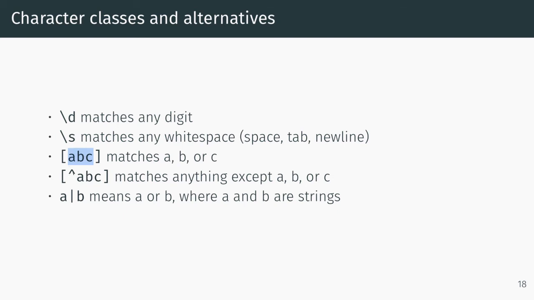Previously we used the caret to refer to the beginning of a string. If the caret appears within brackets, it means not. So this means not A or B or C. This matches any single character that's not A or B or C, and that would include numerals as well as letters.